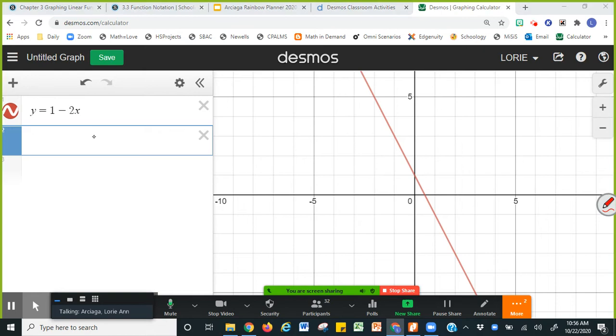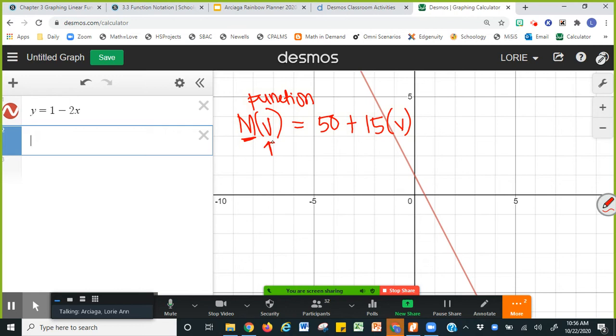You pay $50, and then for every visit, you add an additional 15, right? And the variables that I asked you to use were m of v. So this is how you're going to write down the function. So the amount of money the museum will charge based on the number of visits that you make to the museum is 50 plus 15v.